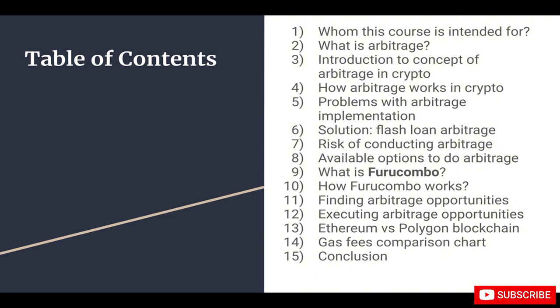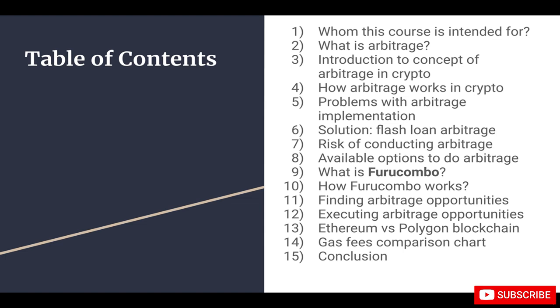And chapter five, again, there will be lots of excitement about arbitrage after learning about this concept in the previous chapters, but we'll also talk about the problems with arbitrage implementations, right? There is nothing that is perfect in the world. If there are lots of pros, there will always be cons. If there are lots of good things about this, let's say, business model, there will always be a downside to this business model.